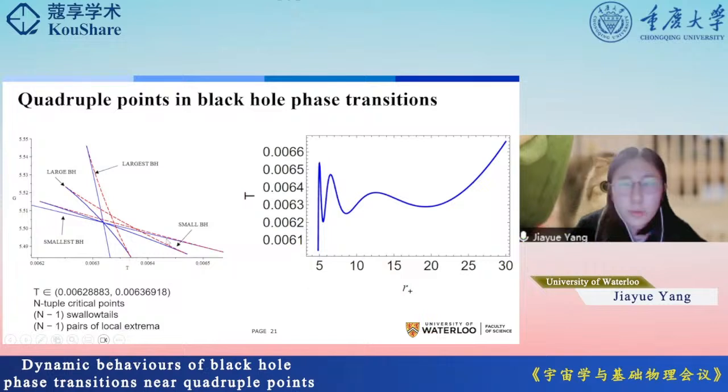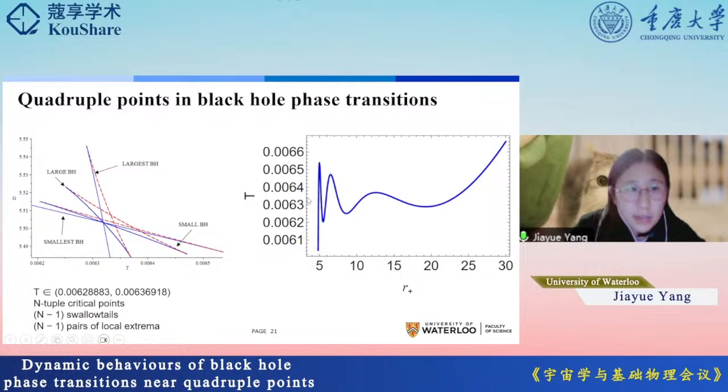And also we can use the temperature and radius diagram to better understand the quadruple point. In this diagram, as we can see, if we have a temperature range from here to here, we can find the 4 phases coexist. And we can also see that one temperature can correspond to different horizon radii.